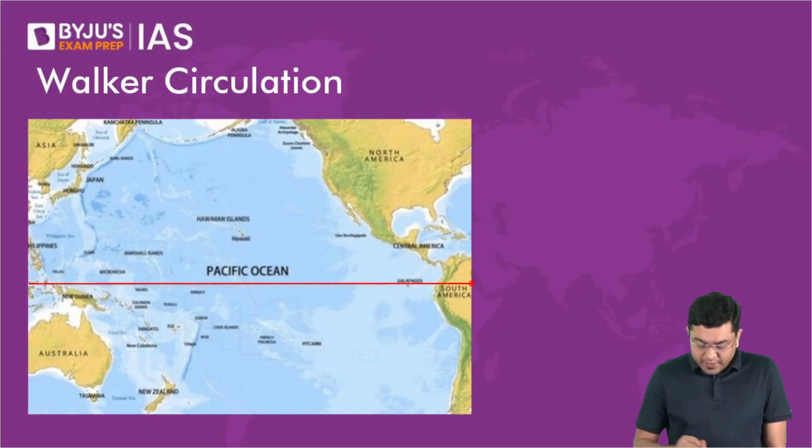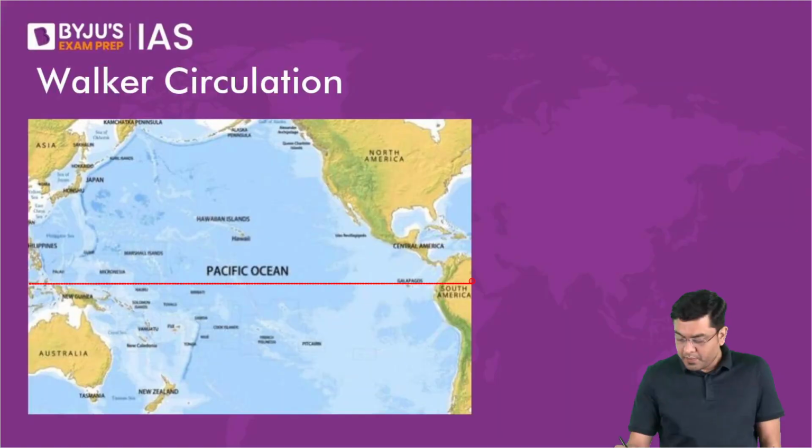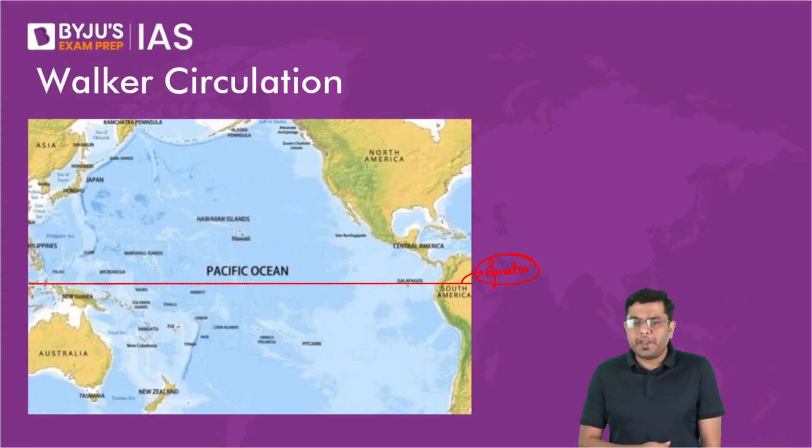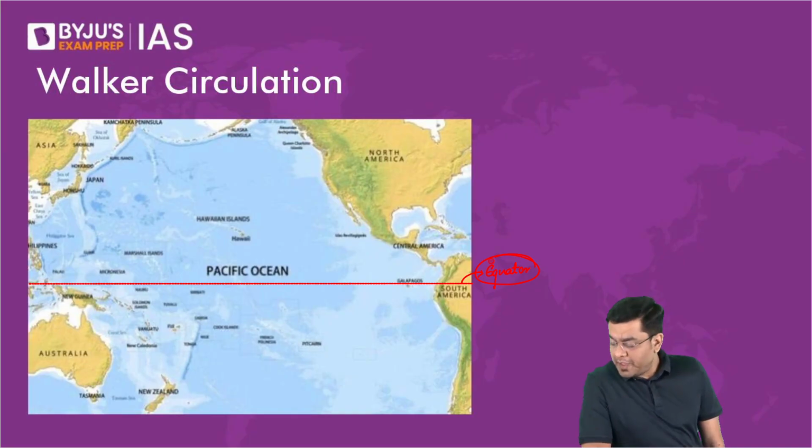This is your equator. Okay, I'll write it down as well before someone asks me what this line you have drawn. So this is equator. Now, around this region of equator, which kind of wind movement will be observed?